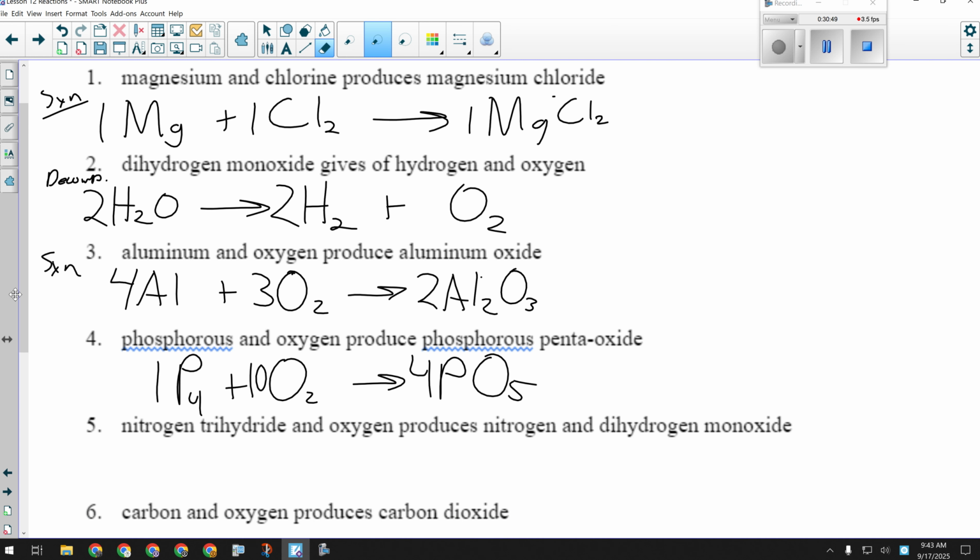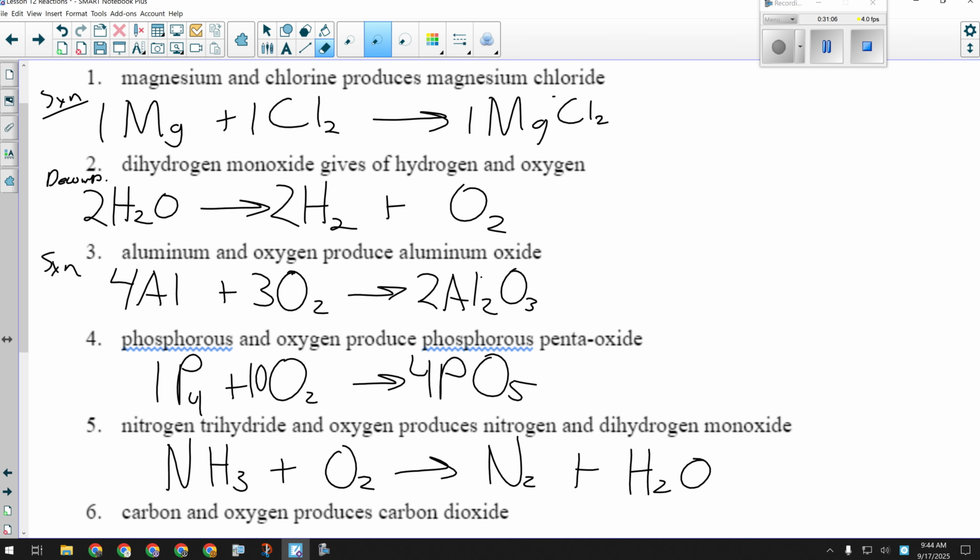Okay, how many people have done number 5? All right, so on number 5, we got nitrogen trihydride. It reacts with oxygen, a special element, and produces nitrogen and dihydrogen monoxide, or water. This one you can't type. Why? It looks like a single replacement, but why isn't it?